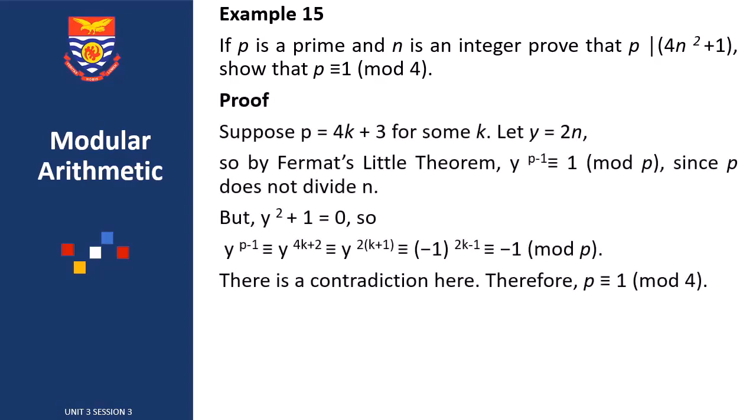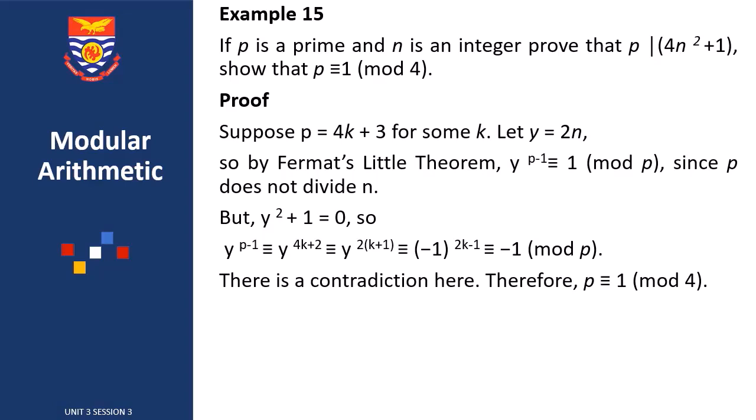Let's suppose that p is equal to 4k plus 3 for some k, and let y equal 2n. By Fermat's Little theorem, y raised to the power p minus 1 is congruent to 1 mod p, since p does not divide y. When you put 2n into 4n squared plus 1, you get the same thing. So y squared plus 1 equals 0.